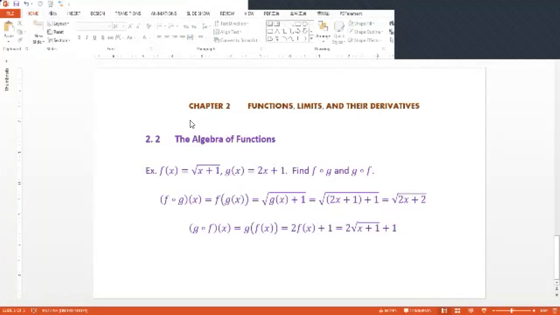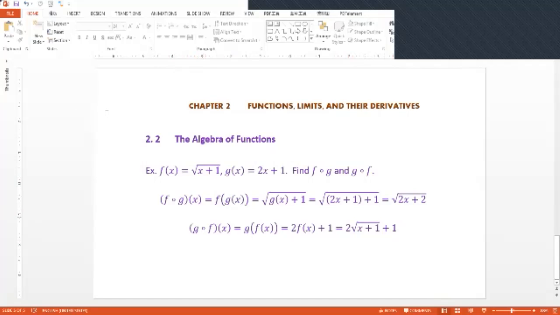And we cannot do any simplification in this case. We cannot combine a radical with a number. So you can see, when you change the order of composition of two functions, we get a different result. So in the case of f compose g, in this example, the answer is square root of 2x plus 2.